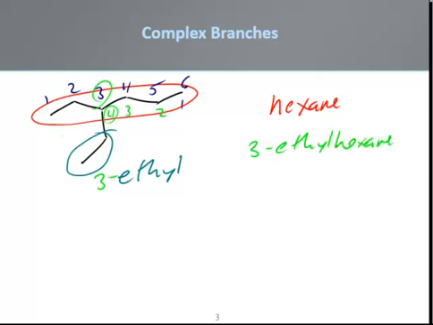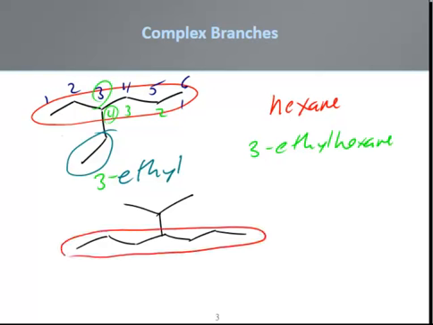So very good. Now, let's see what happens if we put a branch on a branch. So if we put a branch on a branch, let's do this. There you go. So we have the longest continuous carbon chain, just like before, in this case. And again, this is now 7 carbons, so this is a heptane.